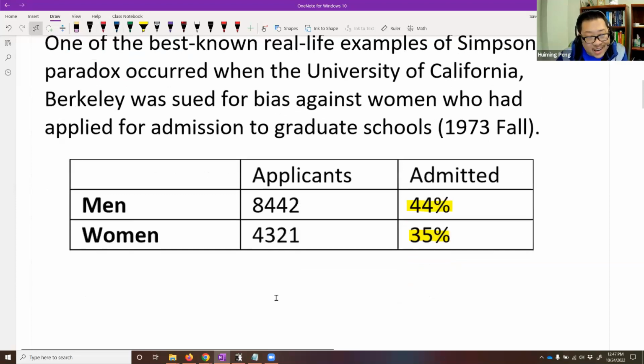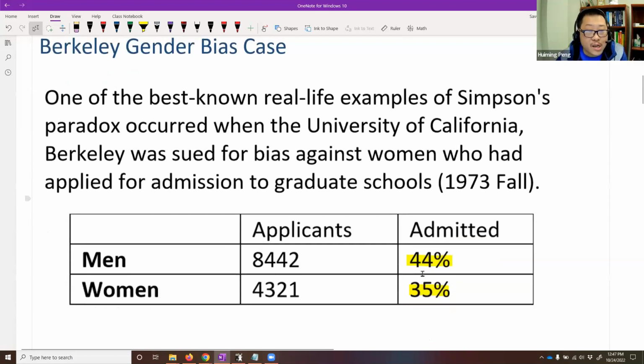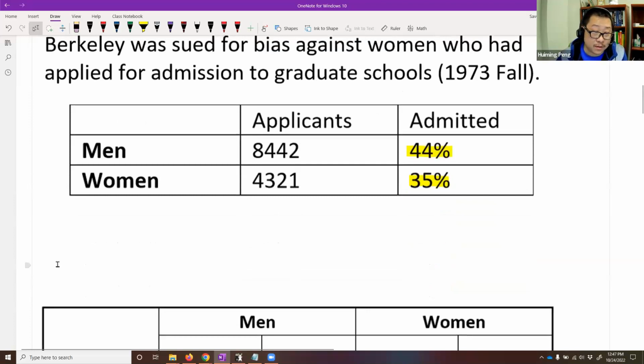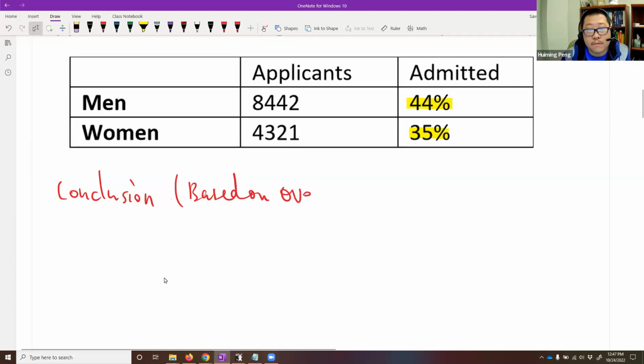So we can make the first conclusion based on this data. In history, when Simpson published the work, the first discussion of these two numbers was that definitely we have some kind of discrimination. Makes sense, right? This conclusion is based on the overall data, and later you will see what the individual data is.